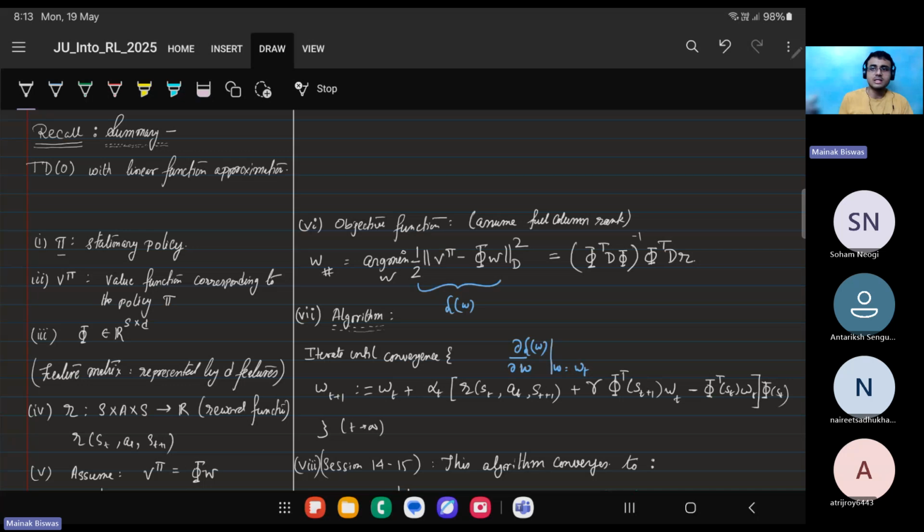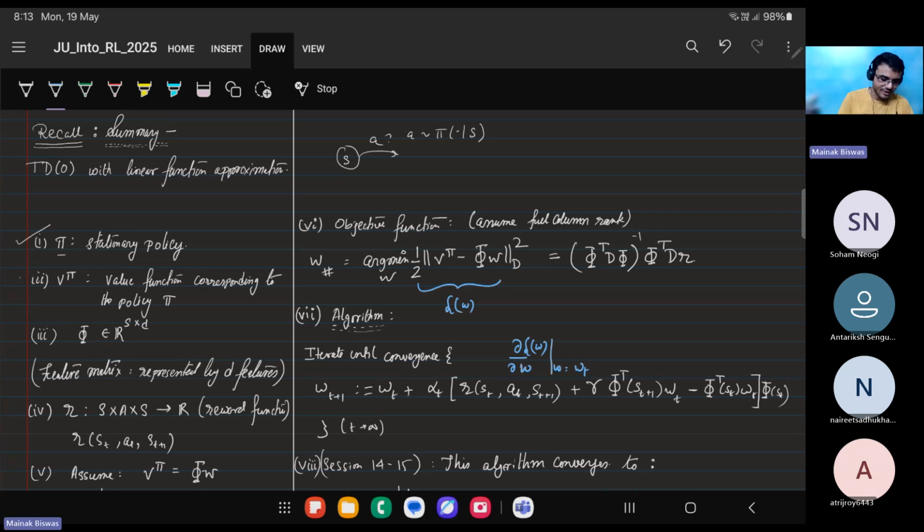Pi was the policy. All of you recall the main thing of reinforcement learning is the policy function that we choose. That is, at a given state S, what is the action we select? Action is selected based on the policy. So this is the first thing.